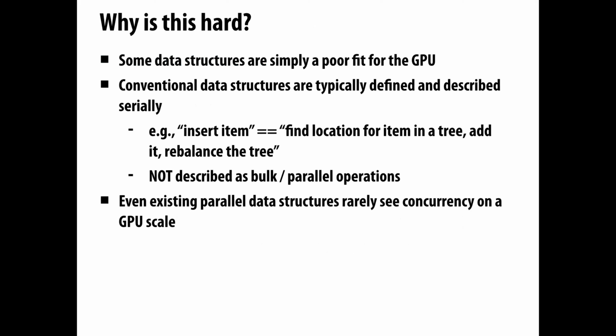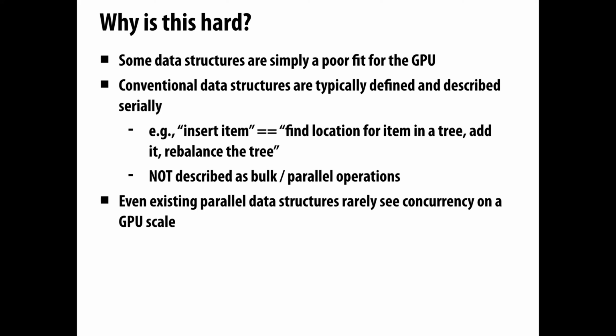The second problem is we see data structures that might be interesting in a parallel sense, but when we look at how they're actually described, it's very difficult to think about how to easily parallelize them. For instance, we might have some sort of tree structure, and you look in the textbooks about how this tree is maintained, and all the algorithms they talk about are serial algorithms where you descend the tree, you insert an item, you split the tree, and then perhaps you rebalance the tree. All these are expressed in general in serial terms.